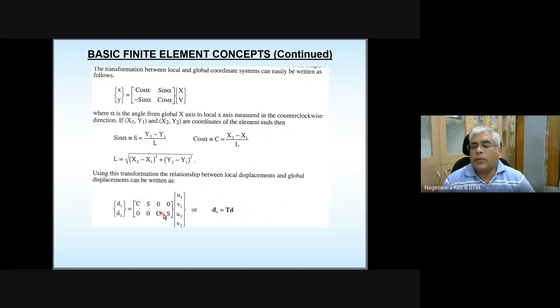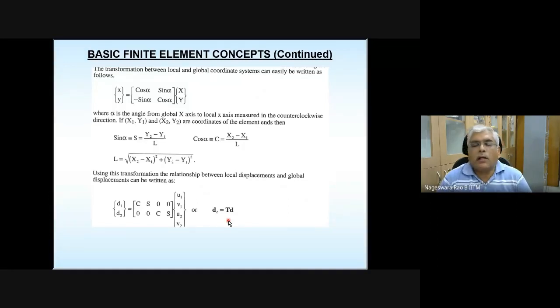This is like a transformation matrix T, and D is this one. And please note that this T transformation matrix is an orthogonal matrix.